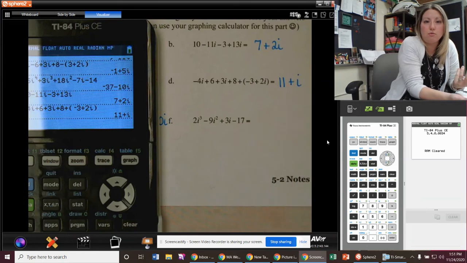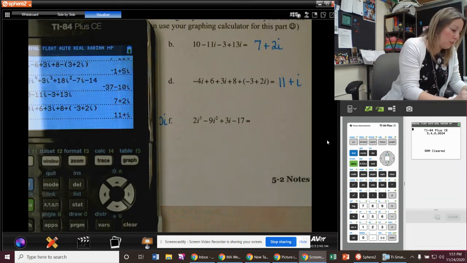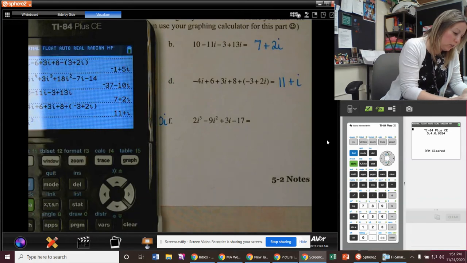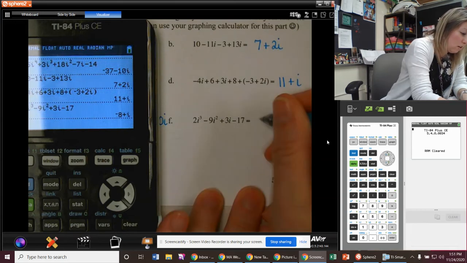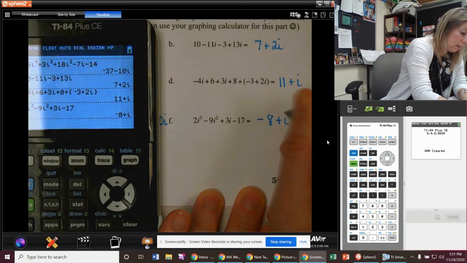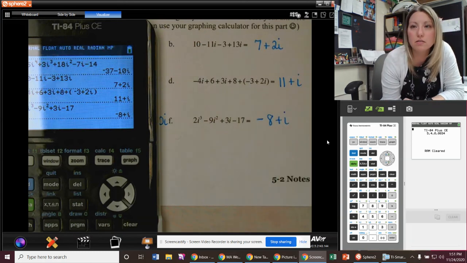And I just don't write it out. We just proved that this works with these small exponents. So I'm going to put those in. Minus 9i squared plus 3i minus 17. See what we get. Negative 8 plus i. There it is.